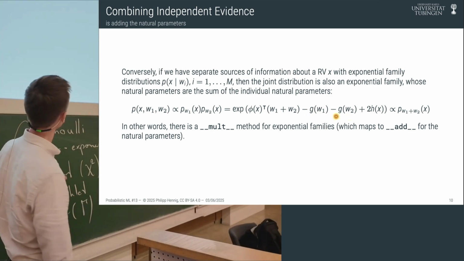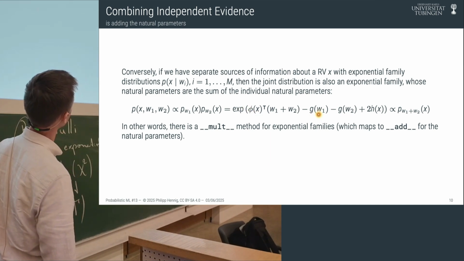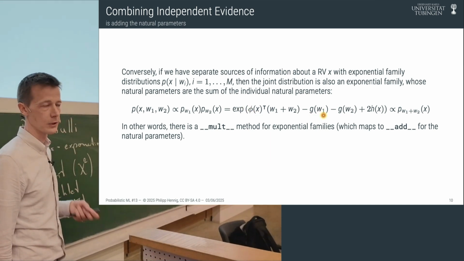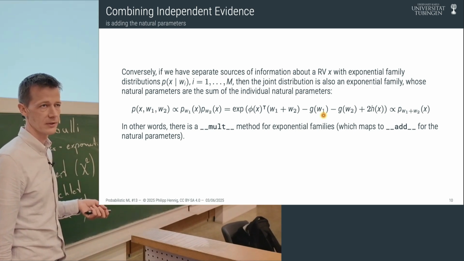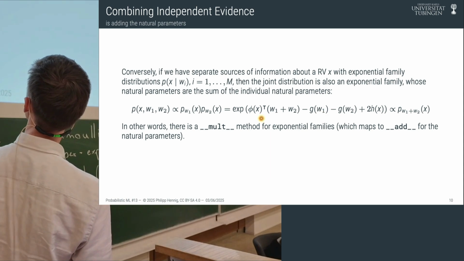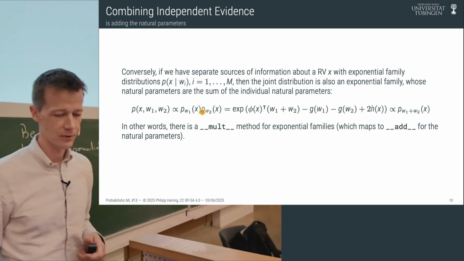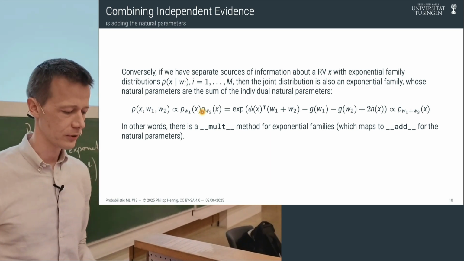But actually, you can maybe convince yourself, it's just going to be g of w1 plus w2, because integration is linear as an operation. So multiplying these probability density functions amounts to just adding their natural parameters. Okay, fine. Not that important.